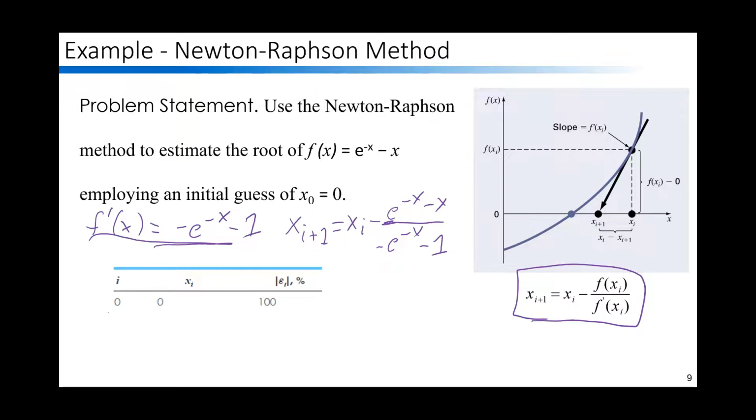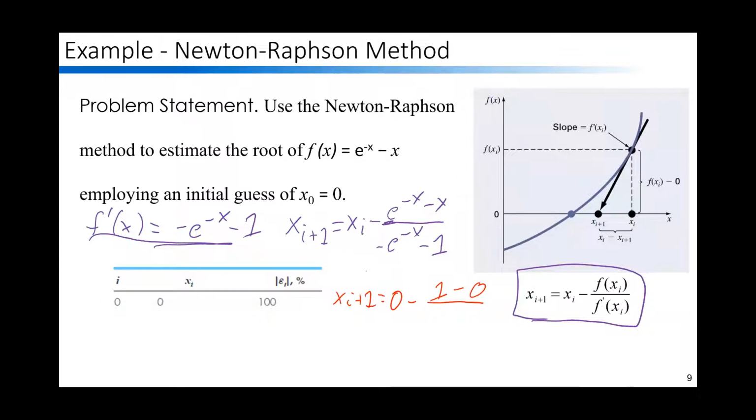So I can take iteration 0. We can take x equals 0 and put it into this equation. I'm just going to do this for this one time. We've got x_{i+1} equals 0 for x_i, minus e to the 0 is 1, minus x is 0, so that's 0 minus 1.